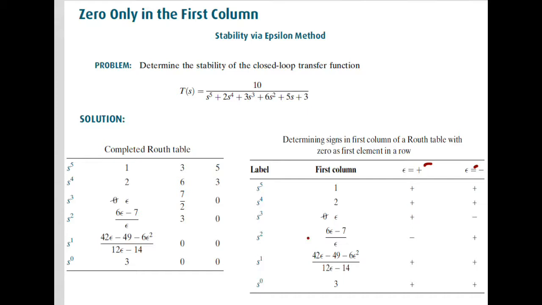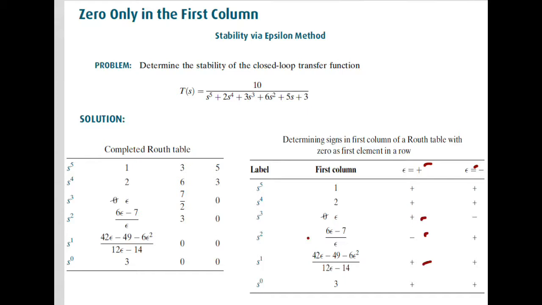Now if epsilon is considered positive, the table shows a sign change from the S3 to the S2 row, and another sign change from the S2 to the S1 row. That is, two sign changes are there, and the system is unstable as there are two poles in the right half plane.